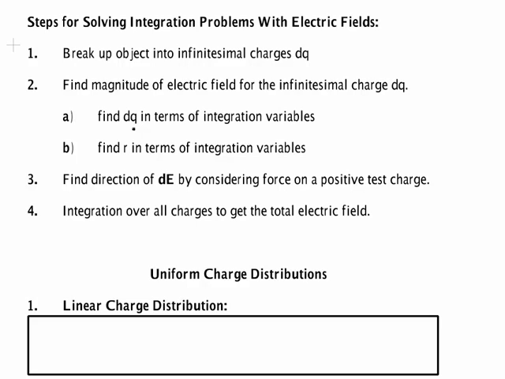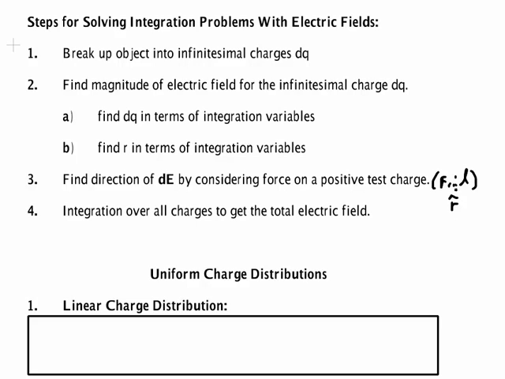But for simpler problems, often in this course, you can just find the magnitude, and then in part 3, instead of finding r hat, which would be the alternative, you can just say, if I put a positive charge at the location I'm looking for the electric field at, which way is the force on a positive test charge?